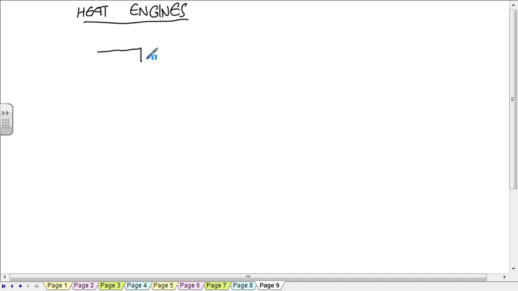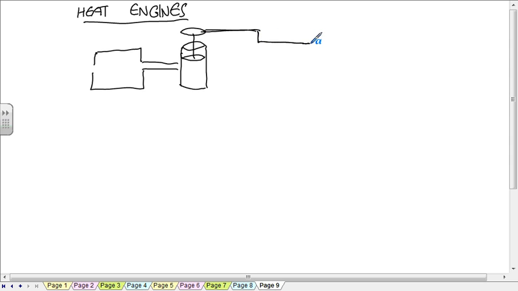You can think of setting up a cycle like this, with a cylinder and piston in the middle. And the piston's connected to the walrus. The walrus is getting fatter.